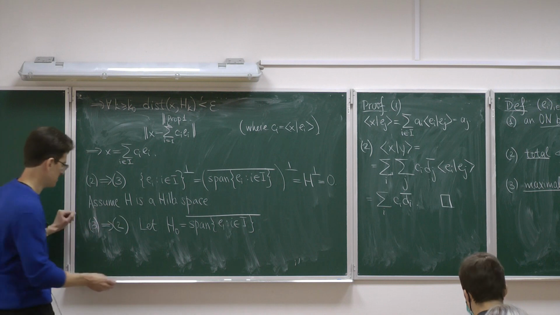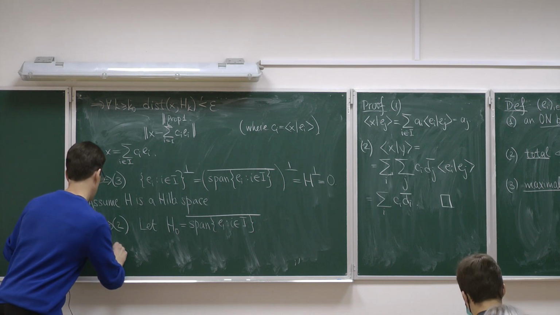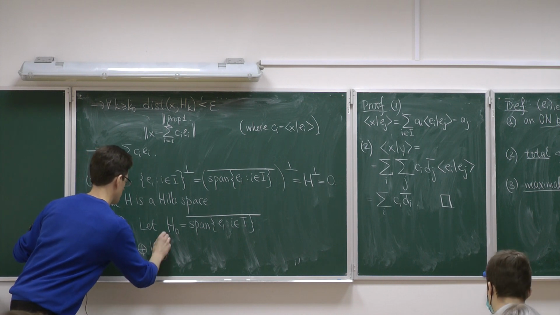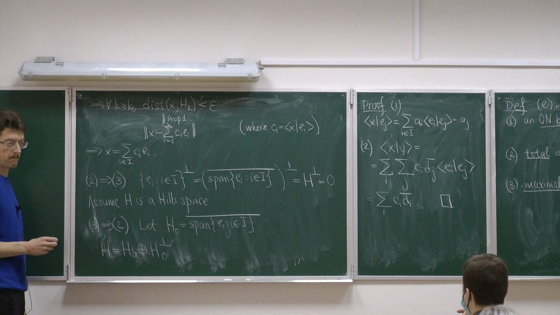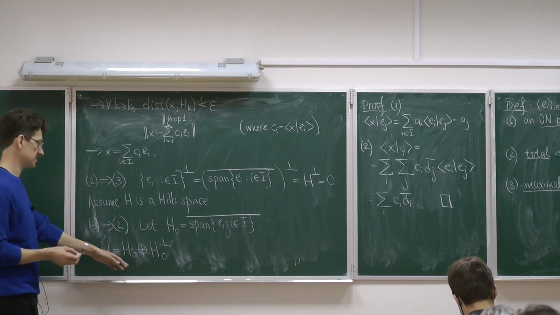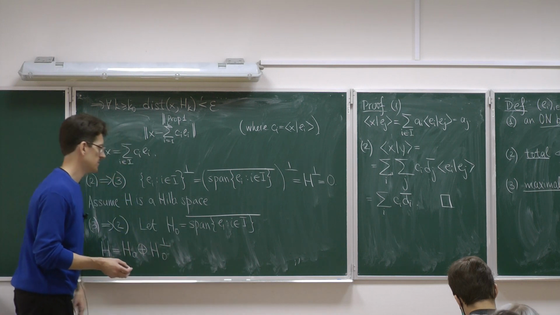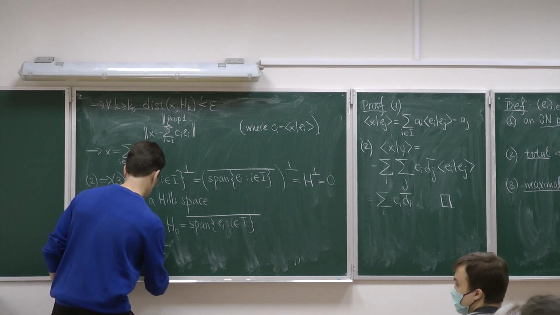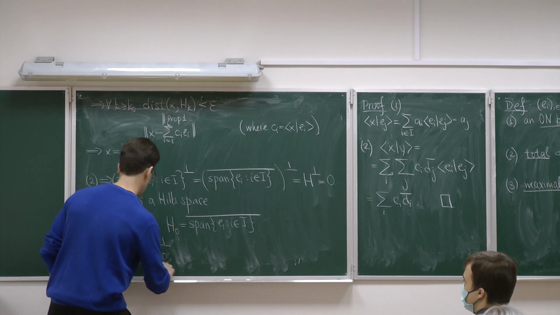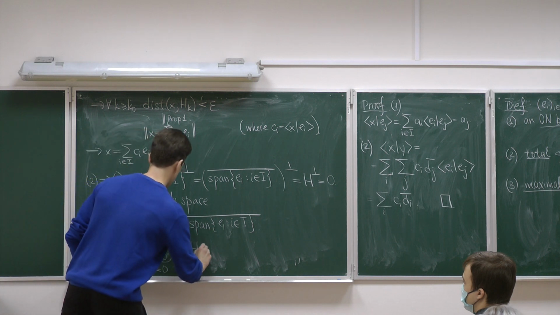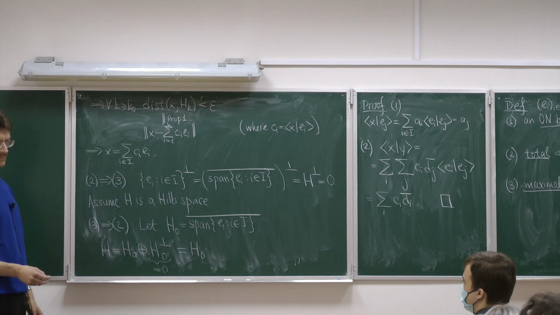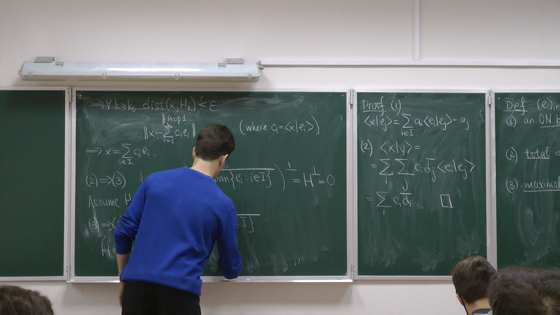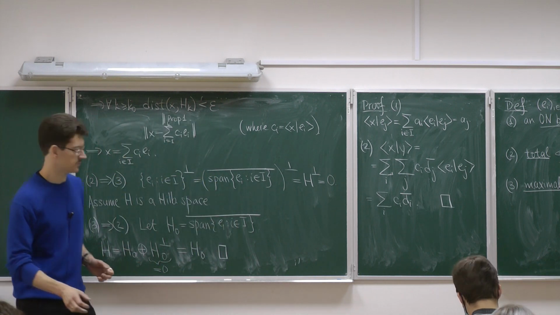So the orthogonal complement theorem implies that H is the direct sum of H_0 and H_0 orthogonal. But by assumption our family is maximal, so the orthogonal complement of H_0 is trivial. So this is 0 by assumption. And we see that H equals H_0. But this means precisely that the linear span is dense in H. So this completes the proof.